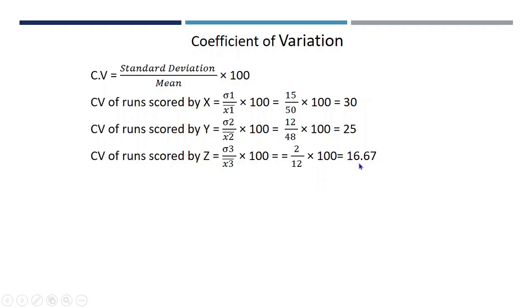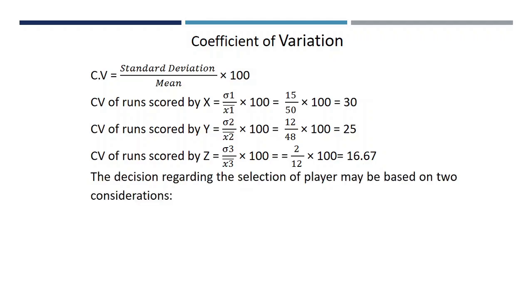So the consistent player is the one who has the lower coefficient of variation. Here we have 30, 25 and 16.7. So the last player, the batsman Z, is the more consistent player, so we will be selecting him. The decision regarding the selection of the player may be based on other conditions also.